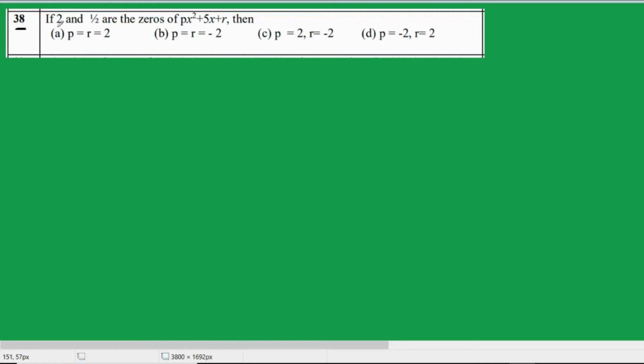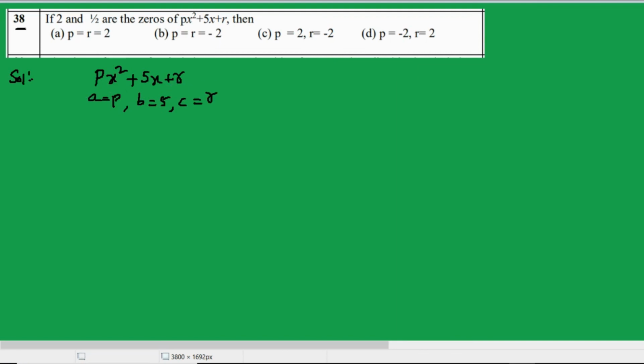38th question. If 2 and 1 by 2 are the zeros of px square plus 5x plus r, then we have to find the p and r values. Here a is equal to p, b is equal to 5 and c is equal to the constant r.